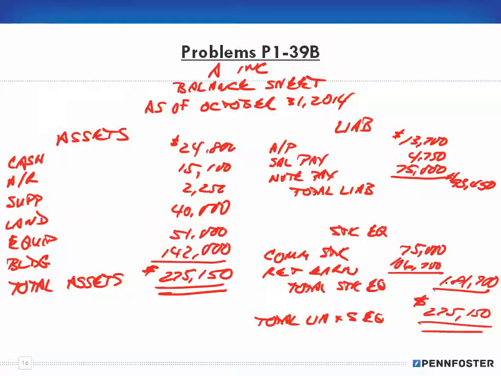Okay, I mean, if you look at the total, if you're looking at the solution and you see the total stockholders' equity of 181,700, you have to really think about the 75,000 and the 106. And then on top of it, when you look at the 275,000 as the total liabilities and equity, now you really have to be thinking about where's my liabilities and my stockholders' equity.